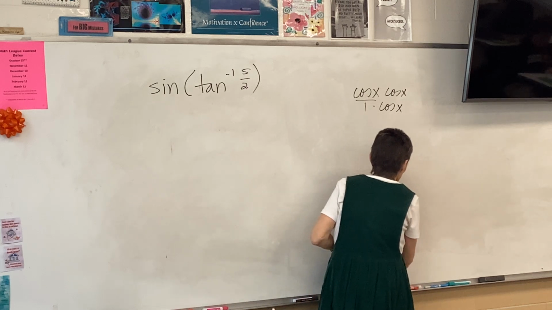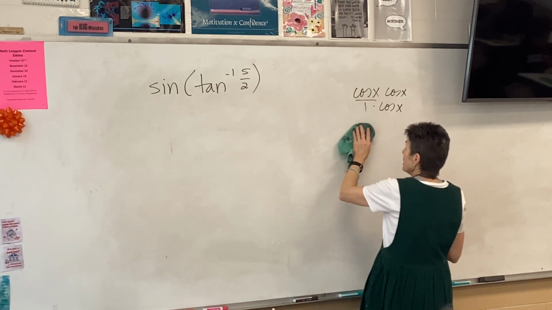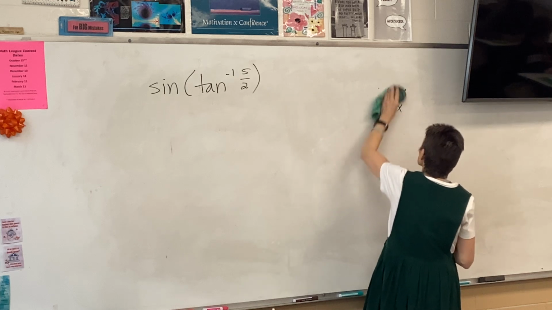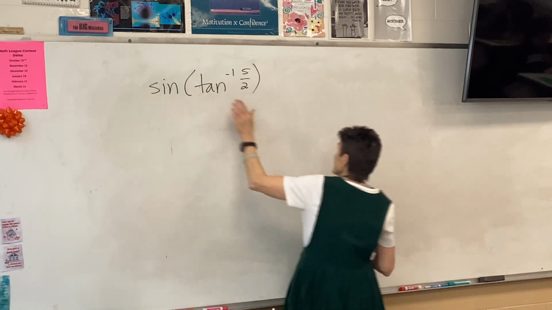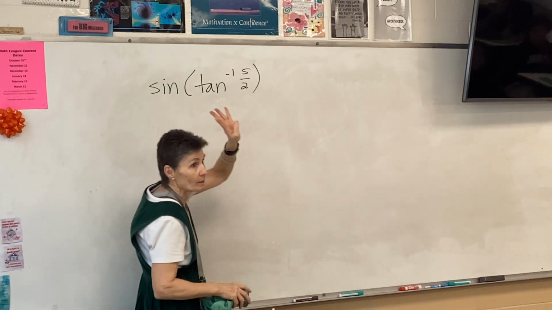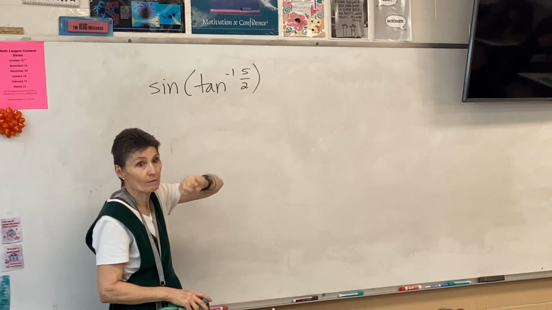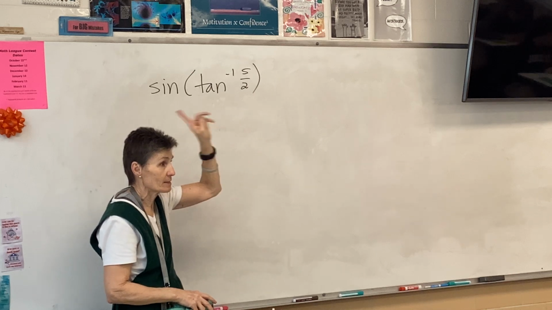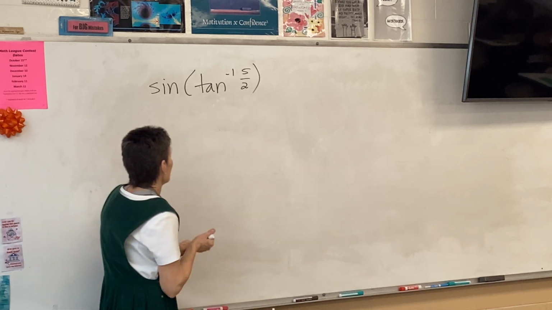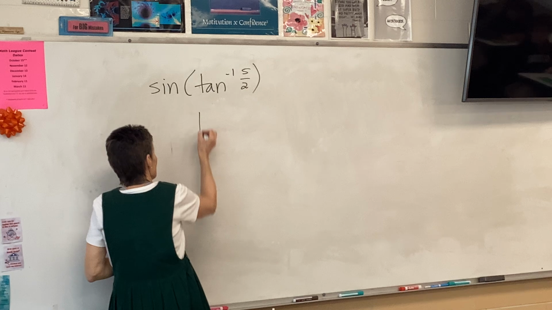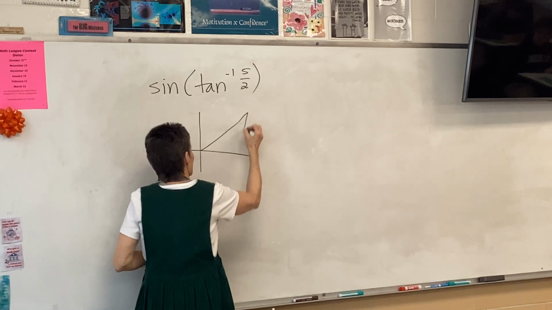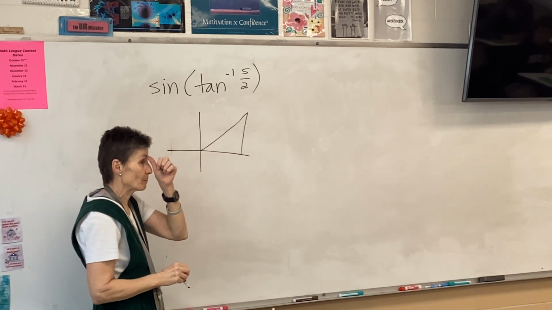Just as a quick refresher, if the number had been negative, since it's a tangent, it would be in quadrant 4. Right? Sines and tangents are in 4, negative cosines are in 2. All right, so it is in quadrant 1.